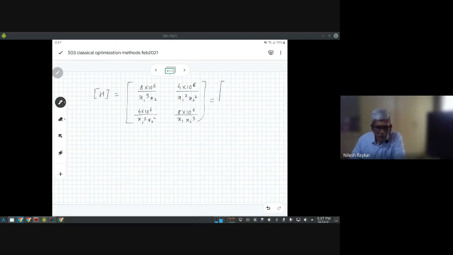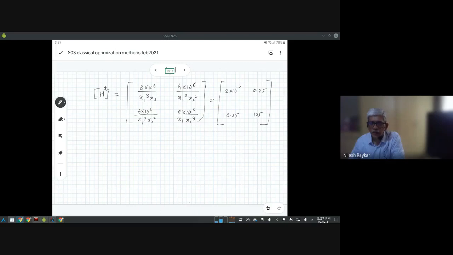So by substituting the values, you will get the function as 2 into 10 to power minus 3, 0.25, 0.25, 125. Okay, so this is the value of H at the point which is a candidate point for optimality.